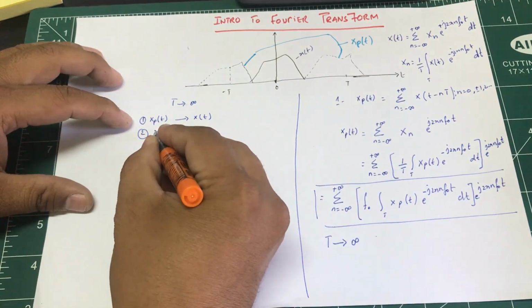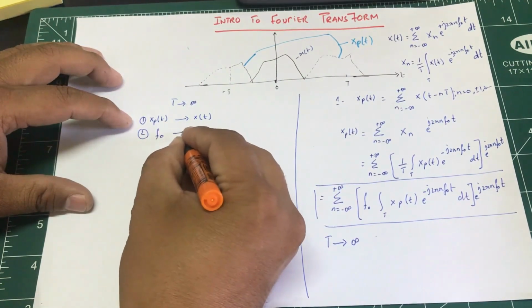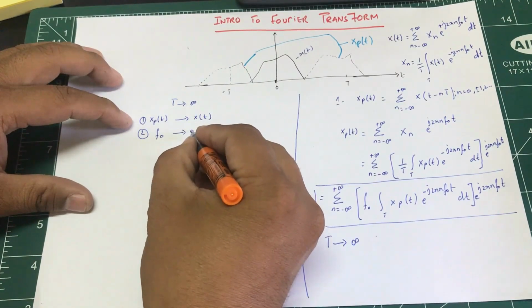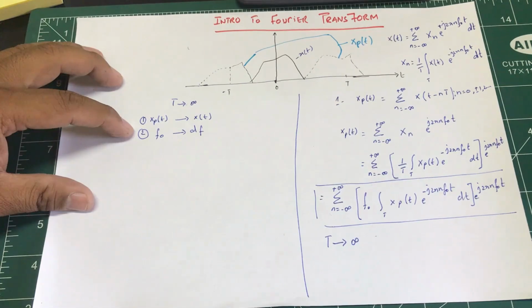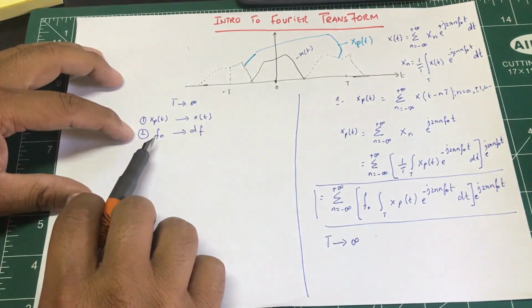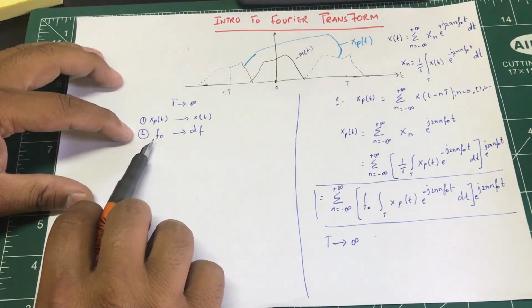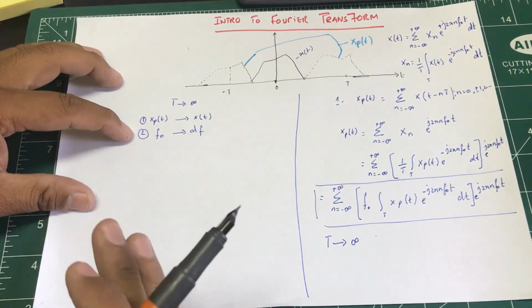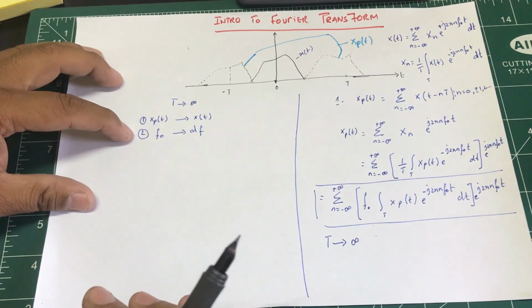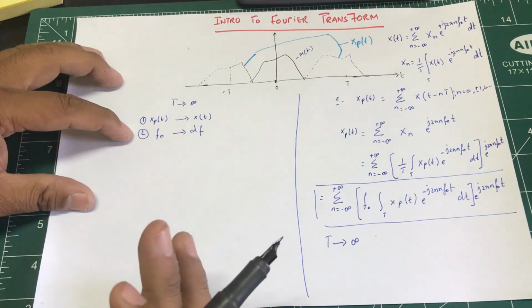Second thing that will happen is this. My f0, my frequency, will actually become df. As my time is getting bigger, my frequency is getting lower and lower. So what I'm saying is the separation between my sinusoidal waves is not an integer multiple anymore.